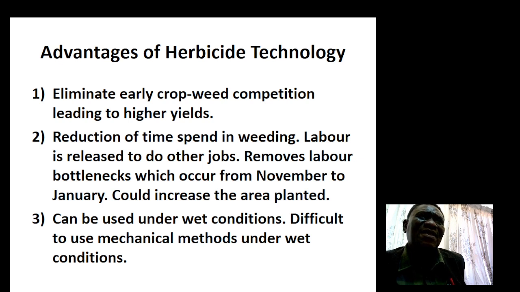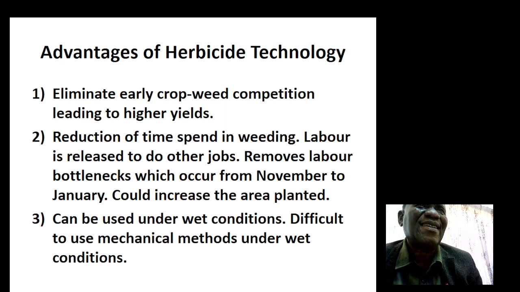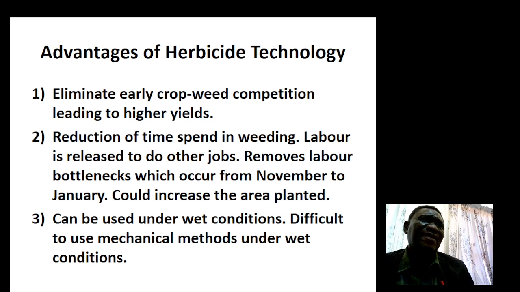You can reduce time spent weeding. Labor is released to do other jobs. It removes labor bottlenecks which occur from November to January. And there's a possibility of increasing the area which is planted.